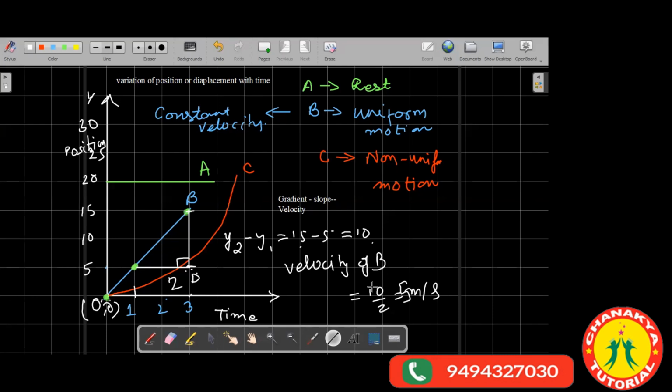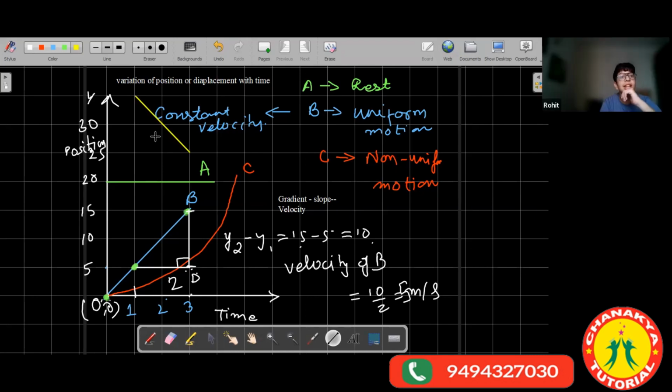Now, what if I have a position time graph, something like this? Let's draw a position time graph like this. Suppose I have a position time graph like this, downward. So what does it show? Sir, deceleration. Sir, it's a straight non-uniform motion. Sir, I think it's not a position time graph.